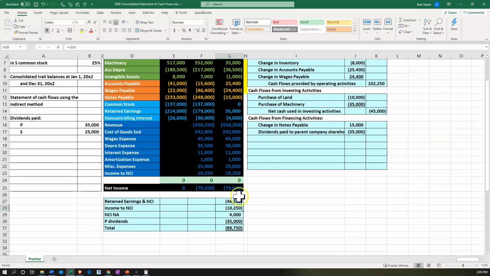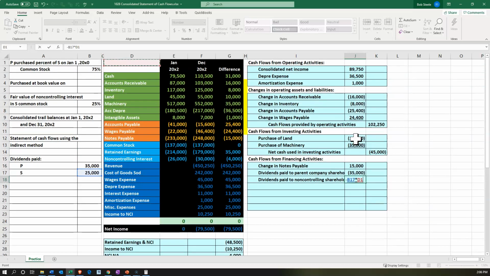And then we've got the dividends paid to the non-controlling shareholders. So dividends paid to the non-controlling shareholders we're going to be picking up. And that's going to be equal to, I'm going to say negative, these are going to be the 25,000 times the 25% non-controlling, the 6,250.